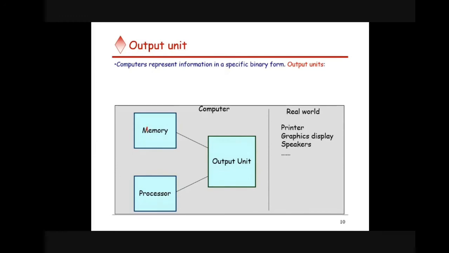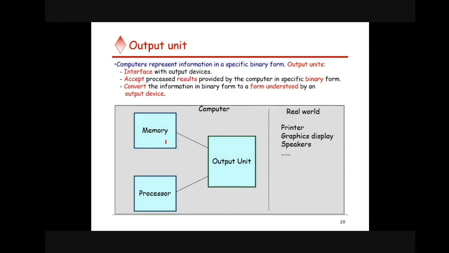It takes the processed result from the memory unit, which is in the computer compatible format, in the number of bits format, and transfers it to the output device, converting the data from the computer compatible format to the output device compatible format. That is the work done by the output unit, also called the output interface.